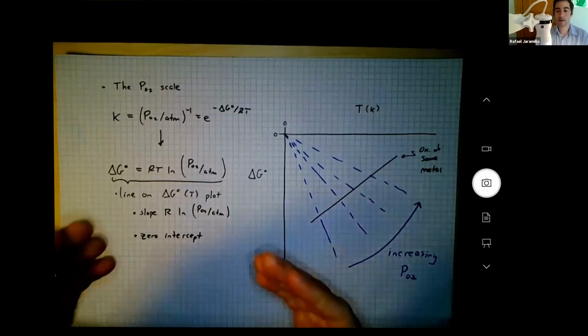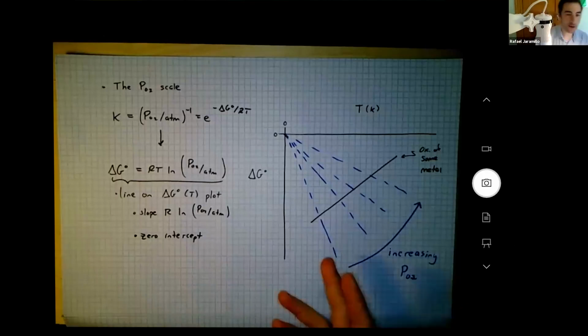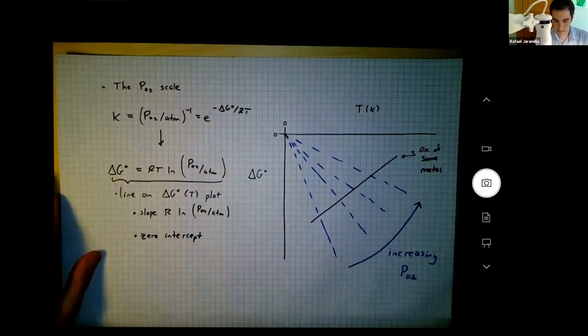Now I get to tell you why it's useful. If I rush through the explanation of what it is, it's because I have to tell you what it is, but now I can show you why it's useful. Why is this useful?